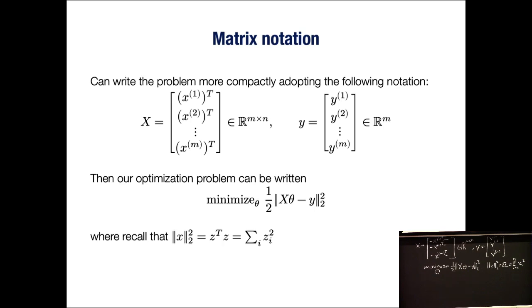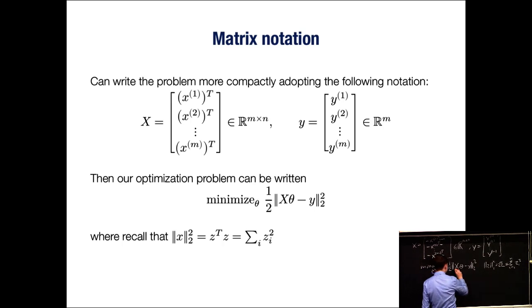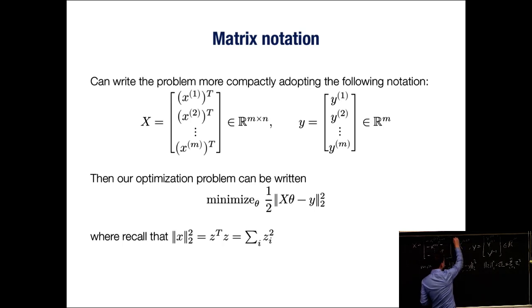And hopefully you can start to see why they're identical here. If I look at this quantity in the middle here, this quantity is itself a vector that is m-dimensional. Y here is also m-dimensional, I should add. This quantity in the middle of this norm is a vector which is m-dimensional, because if I take theta and multiply it by the matrix X, let's talk about the size.